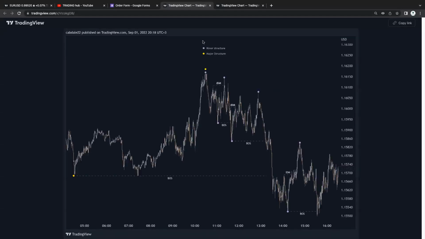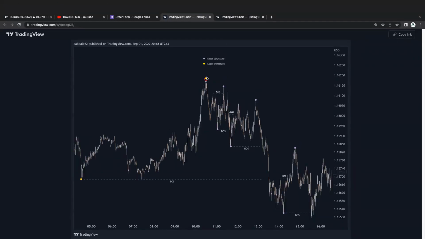Okay, so the same thing happens here. You marked this as our major range between this high to, I think, where is it, okay, this one. All right, inducement, taken out the inducement. Okay, perfect. Inducement and go higher. Break of structure.